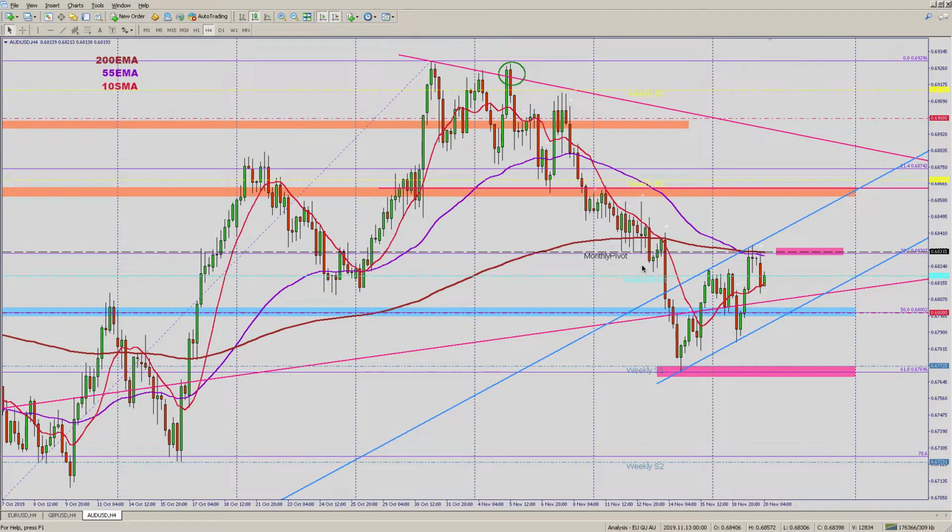Right, so there could be some movement out of these consolidation modes over the next couple of days, so we shall see, because next week is a shortened week for the US with Thanksgiving coming up, so there could be some moves prior to that.